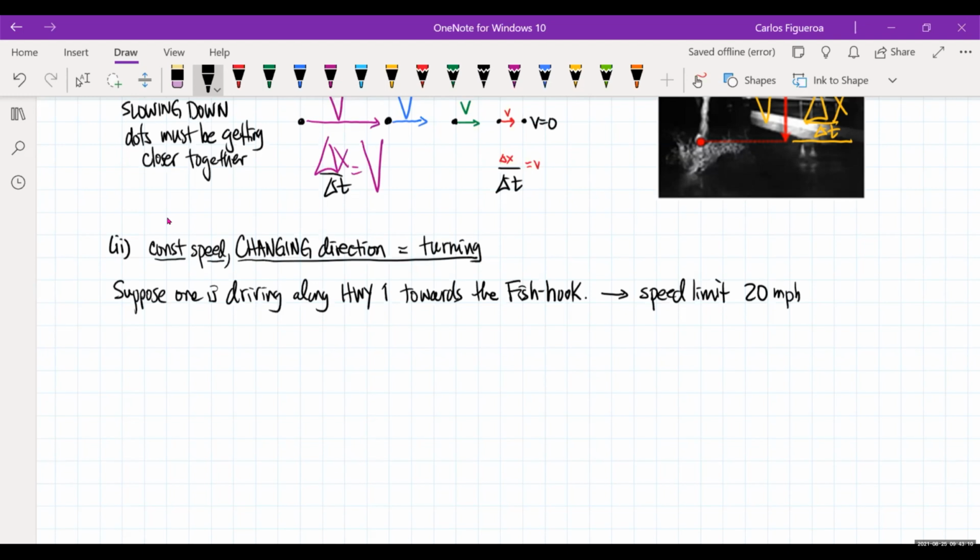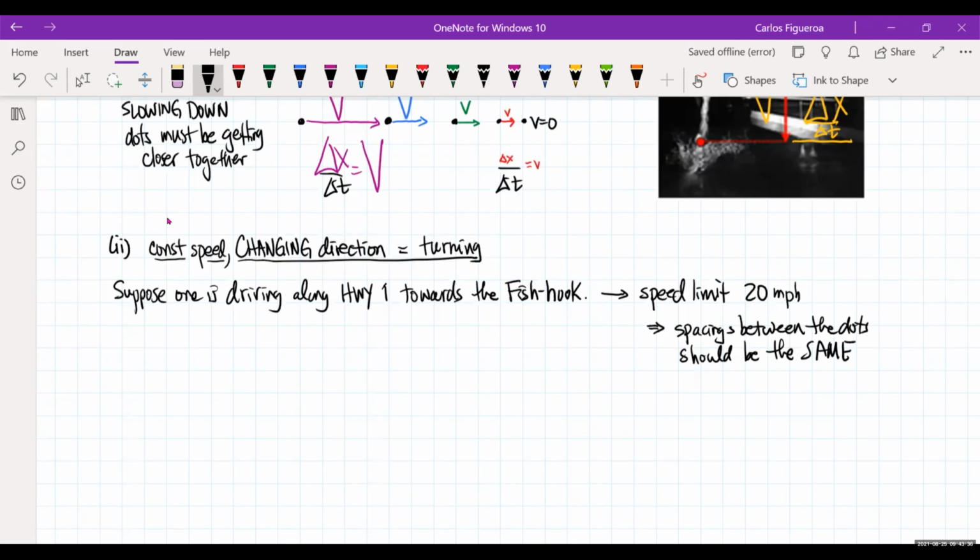So if you're driving 20 miles an hour, this implies here that the spacings between the dots should be the same.